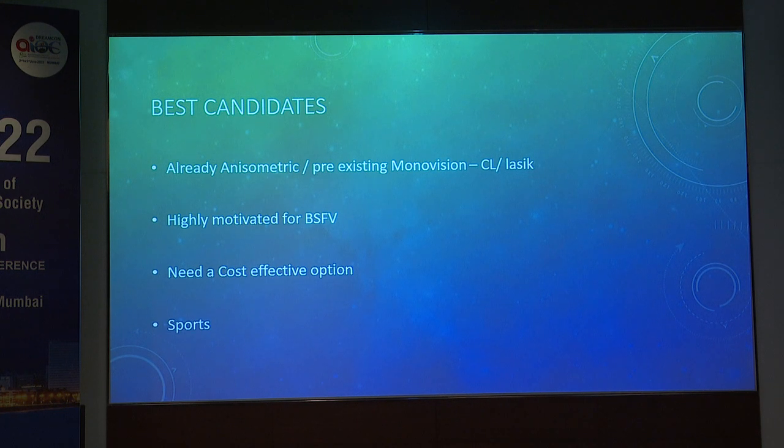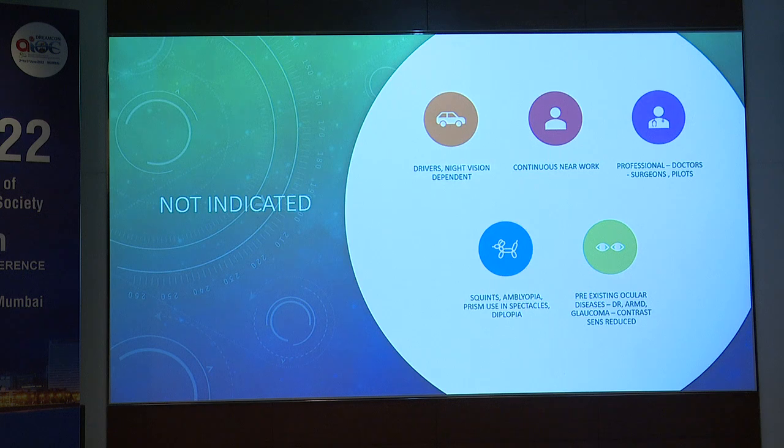And patients who are into sports definitely will benefit, because especially in outdoor sports, the glare and halos are going to be more if you give a multifocal or a trifocal, of course keeping the aberrations in mind.